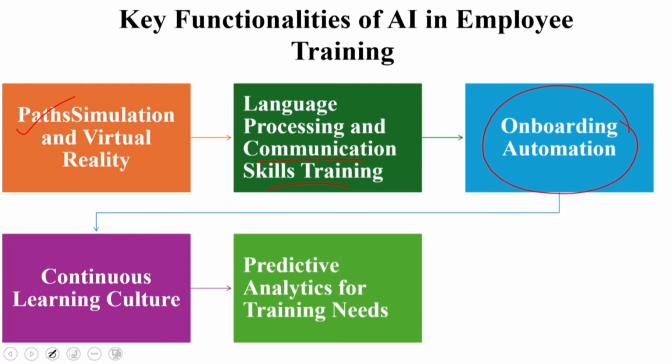AI can facilitate continuous learning by recommending ongoing training modules based on performance metrics, based on career aspirations. So this typically helps employees keep their skills updated and feeling valued within the organization specifically. There could be also predictive analytics for training needs.